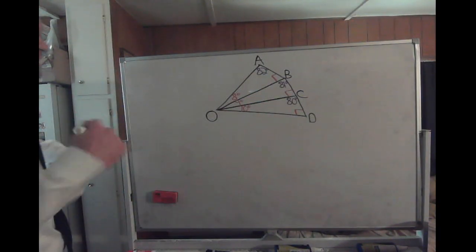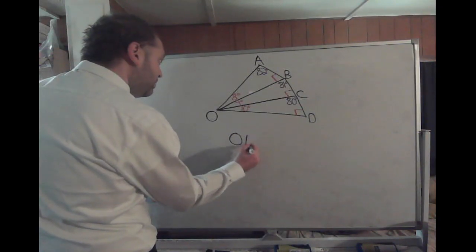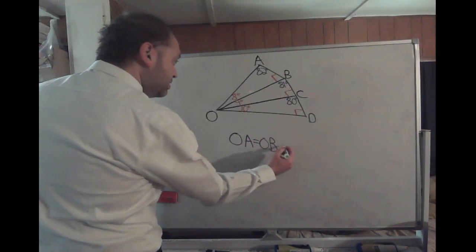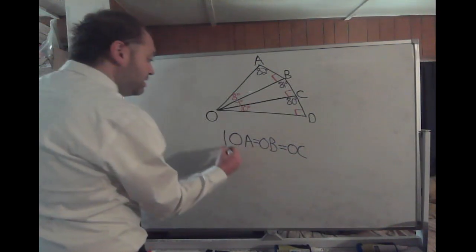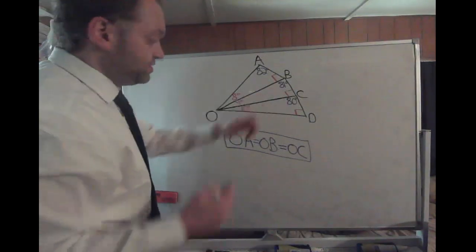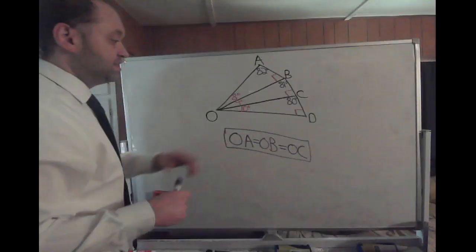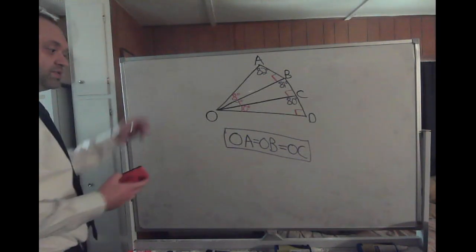So in this case, you have three longest sides. That's actually going to be OA, which is equal to OB, which is equal to OC. OA, OB, and OC all tie for the longest sides because they're all across from right angles, from 90-degree angles.